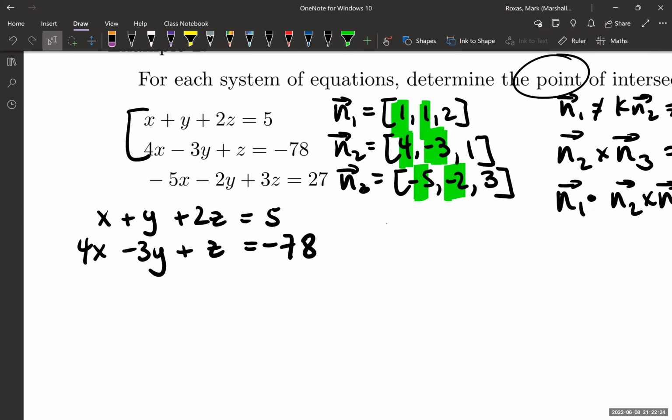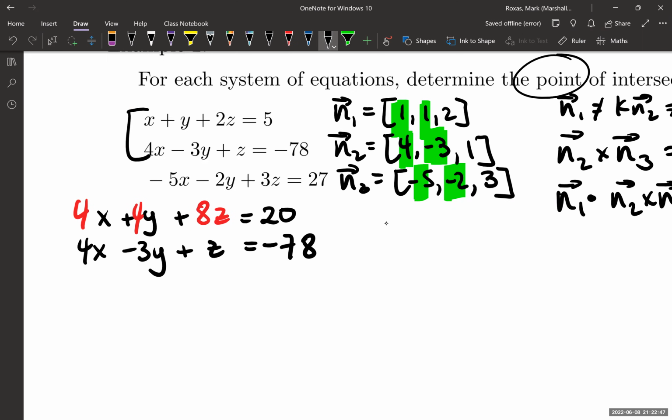Now I'm going to eliminate one of the variables. Let's eliminate x. I'm going to take equation 1 and multiply it by 4: 4x, 4y, 2 times 4 is 8z, and 4 times 5 is 20.